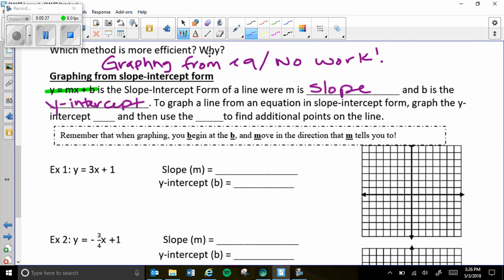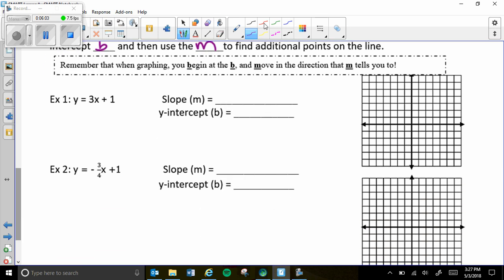To graph a line from an equation in slope-intercept form, you graph the y-intercept, which is b, and then use the m, the slope, to find additional points on the line. In this box it says, remember that when graphing you begin at b and move in the direction that m tells you to. Looking at example 1, our slope is what?